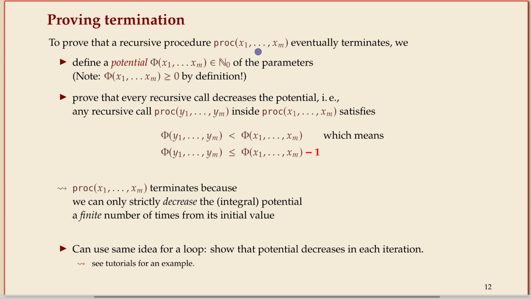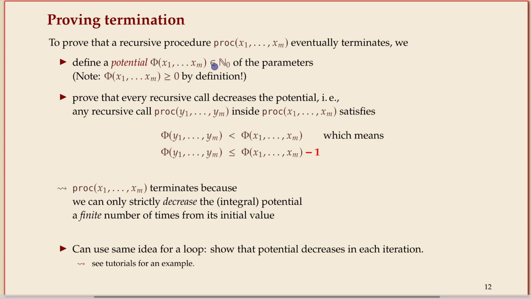And so for the proof here, we'll assume that there's a recursive function, some procedure proc that has a bunch of parameters, and it might call itself at several places in the body. So what we'll do, to show that this eventually terminates, is define some function that takes the parameters of this procedure and converts them somehow into a number.